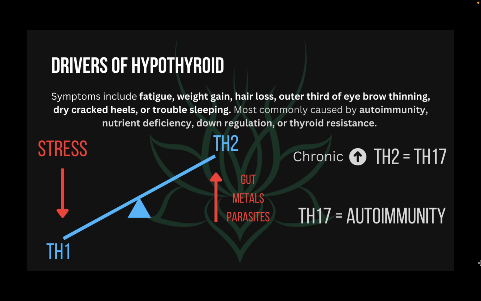Because if you are in a Th2 dominant state for a long time, you're more likely to begin to produce Th17 cells, which produce antibodies and contribute to autoimmunity. And even if you don't get to that point, high Th2s produce a lot of inflammation, and it causes increase in stress hormone production, which even further pushes down on that Th1 side. So it's just a vicious cycle.